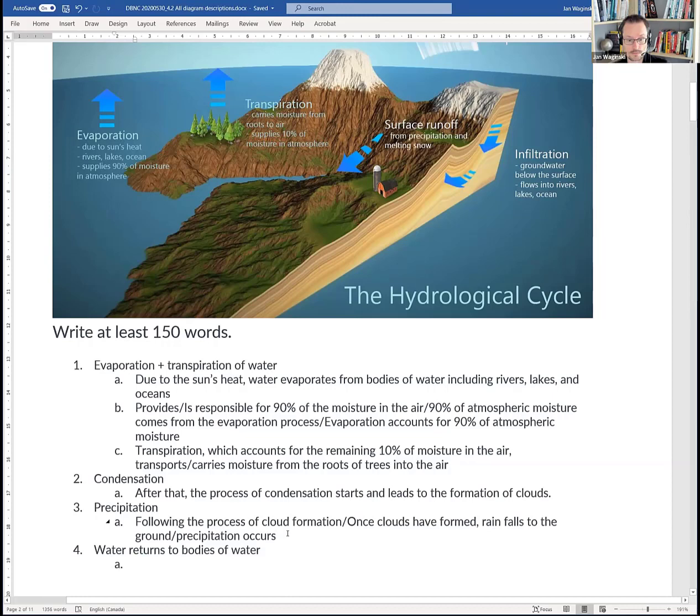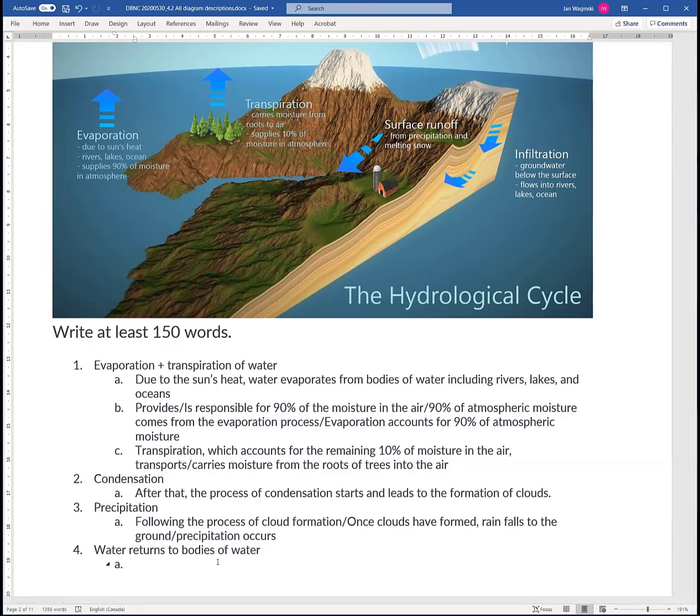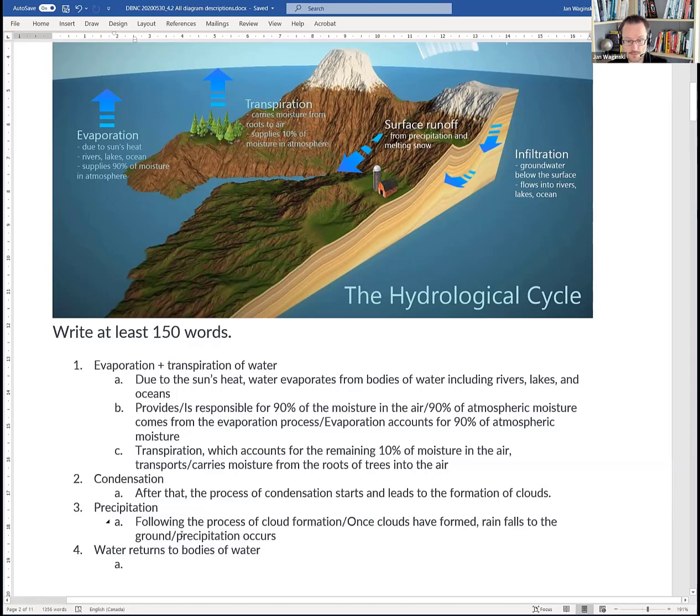Sorry, it's a little bit hard to hear you. It's clear, but it's super quiet. You're asking how the precipitation comes to the ground, right? Yeah, so we've got that step. That's 3. Rain falls to the ground or precipitation occurs.